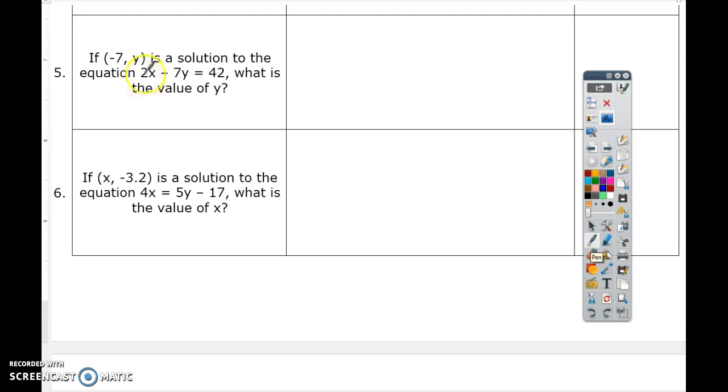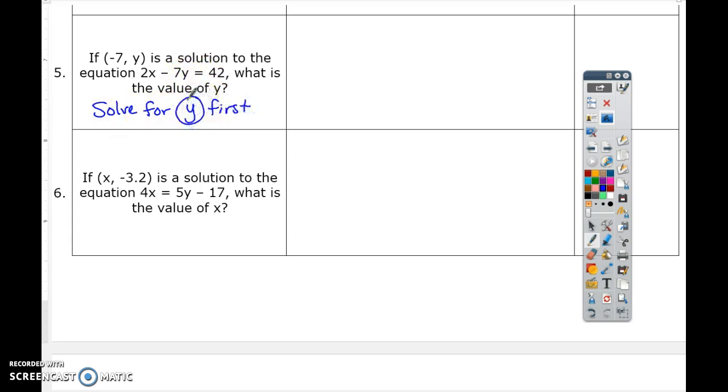Okay, so for this one, they give you an X and a Y. Every time you have an X and a Y, make sure that it's solved for Y, my bad. If it's not in Y equals form, you need to solve for Y first.